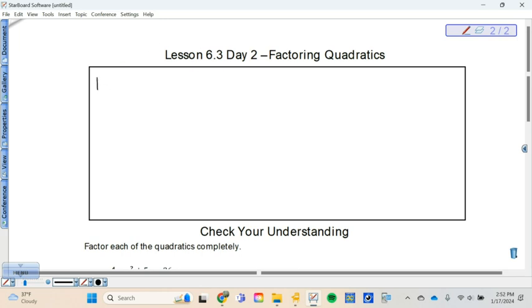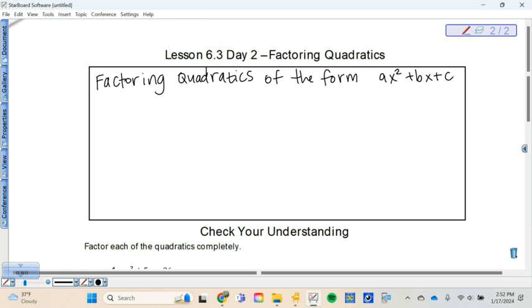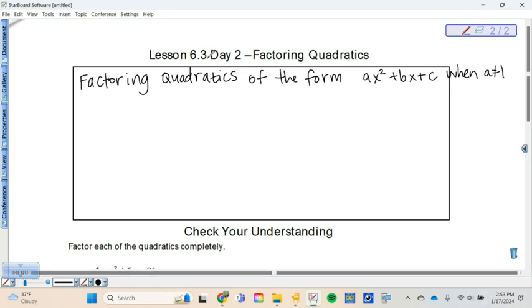Okay, so we're factoring quadratics of the form ax squared plus bx plus c when a is not 1. Right? Yesterday, a was always 1.